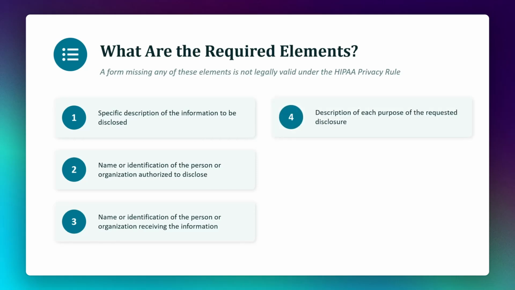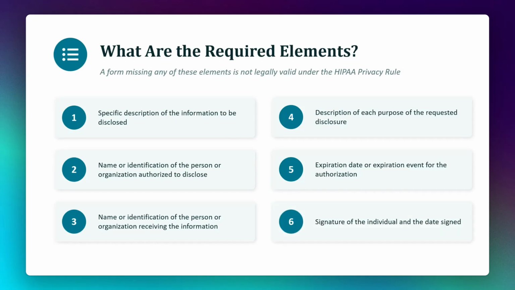the description of each purpose of the requested disclosure, an expiration date or an expiration event for the authorization, the signature of the individual, meaning the patient or client, and the date they signed. Now, on top of these 6 things, there are 3 additional things you want to consider.